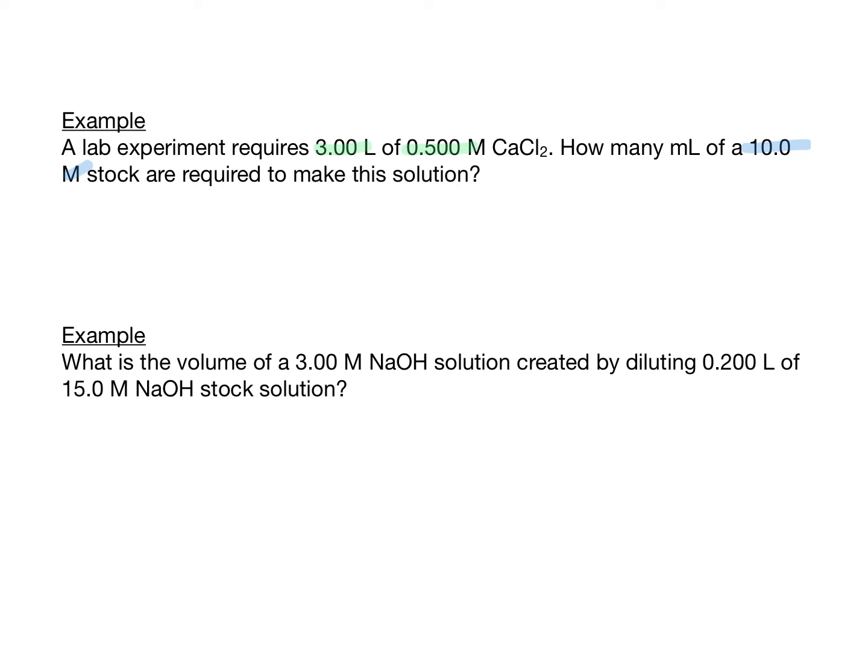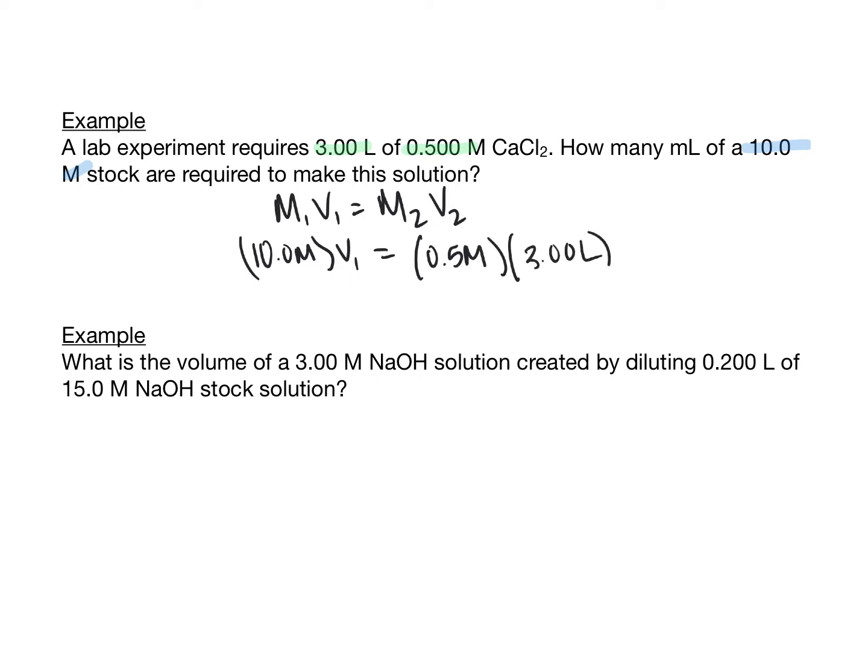So we always want to make sure that we're measuring the right one. So M1 V1 equals M2 V2. So in this case, we have 10.0 molar V1 equals 0.5 molar times 3 liters. And so that gives you V1 is equal to 0.150 liters.